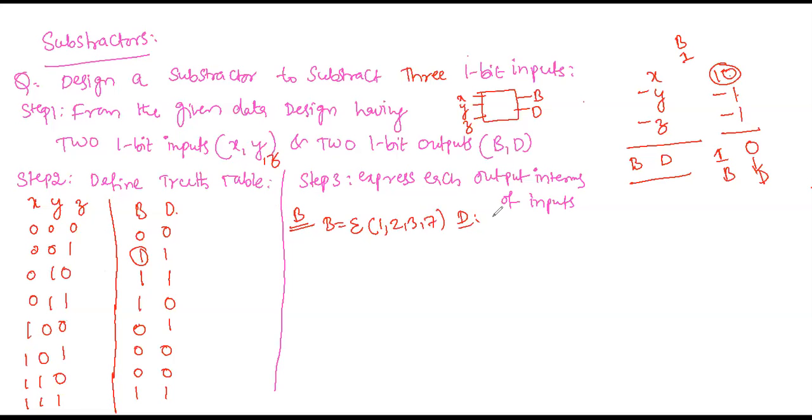Similarly, write out D in standard SOP form: 1, 2, 4, 7.